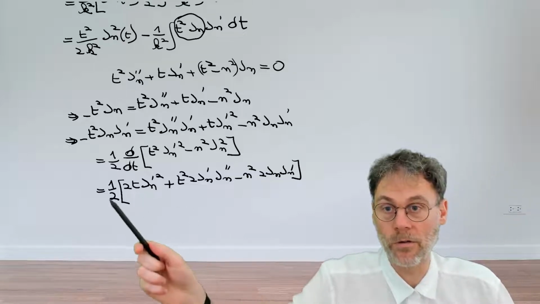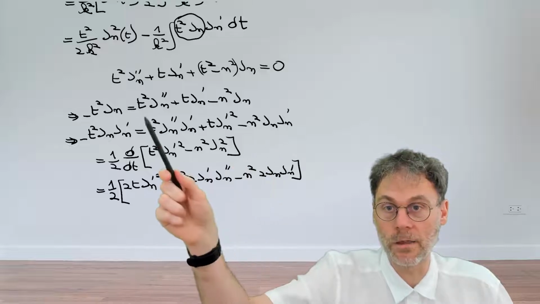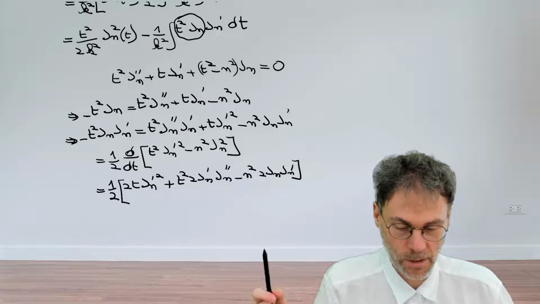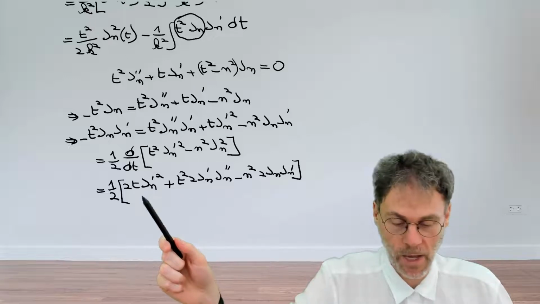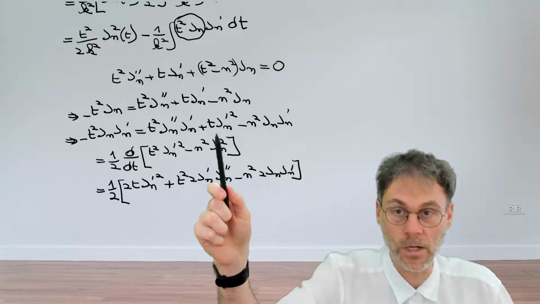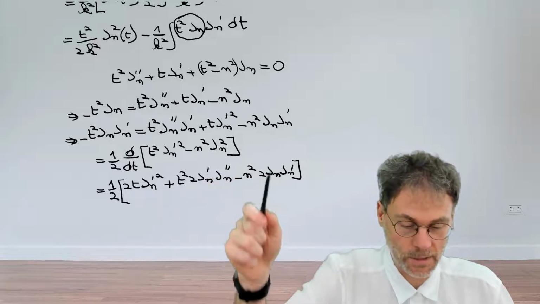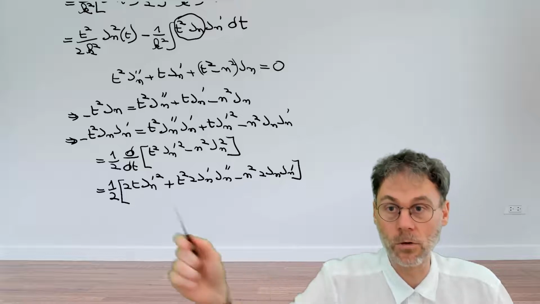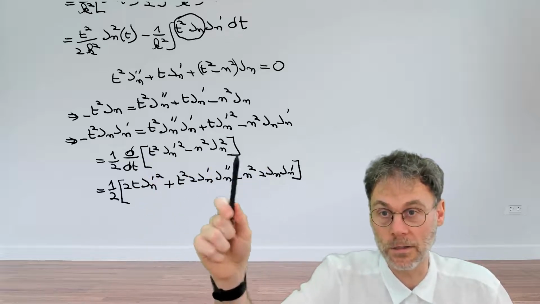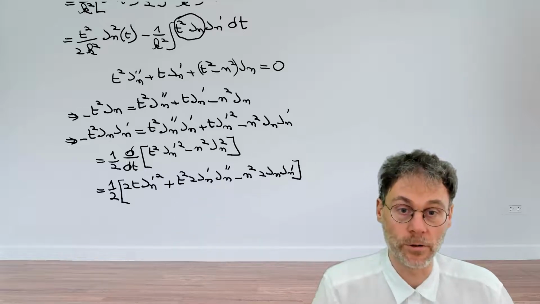So now we need to verify that this thing is equal to that thing. Well, all of these factors 2 will cancel, so that's good news. Here we have t J_n prime squared. That's what we have over here. This term is the same. And then also that term we find over there. So indeed, we verified that this is the total differential over here.